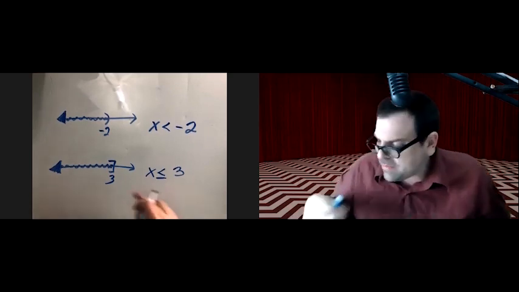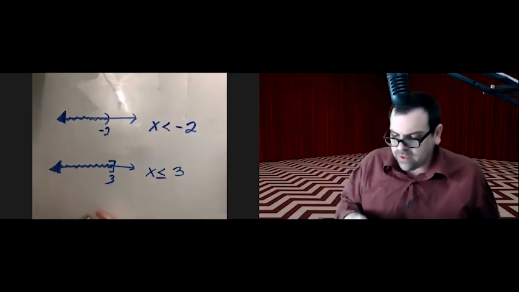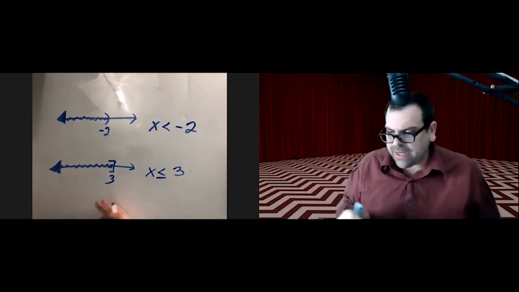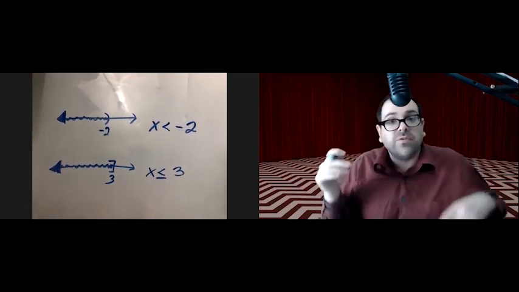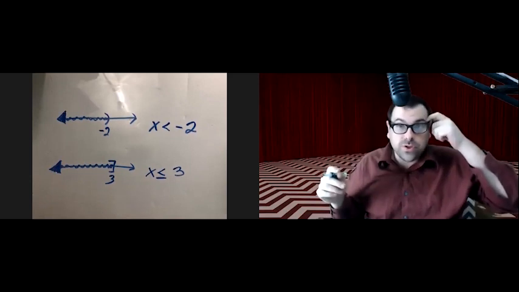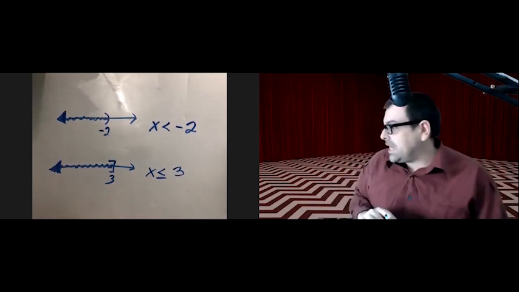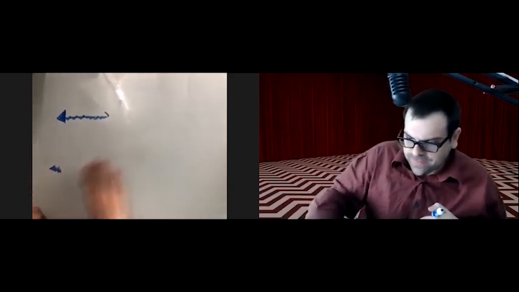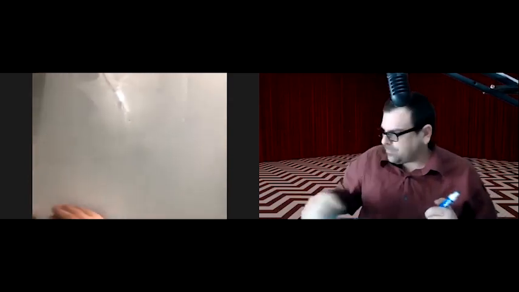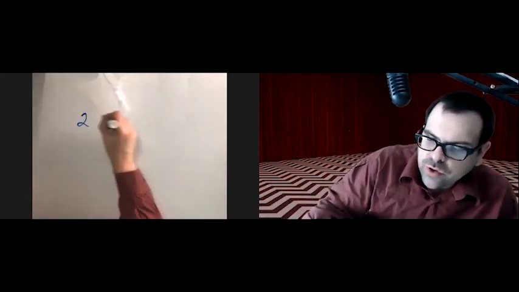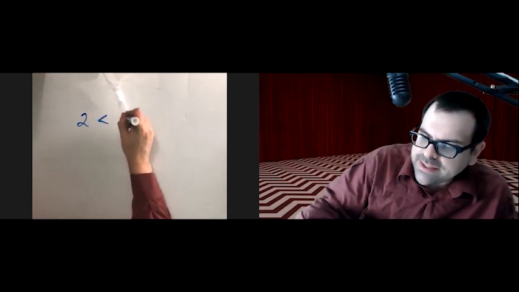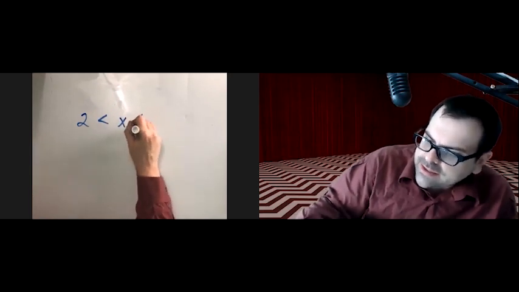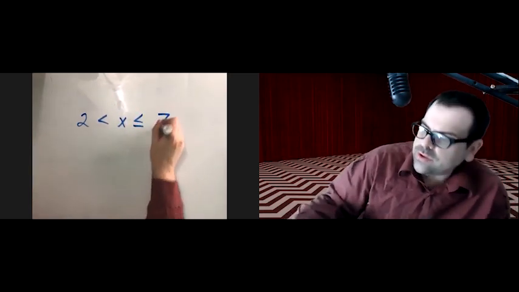So why am I making a big deal of showing parenthesis and square bracket when we already have a perfectly good open and closed circle system? Well, it has to do with this thing I said I'd show you, this interval notation. Let's say we had 2 is less than x is less than or equal to 7.